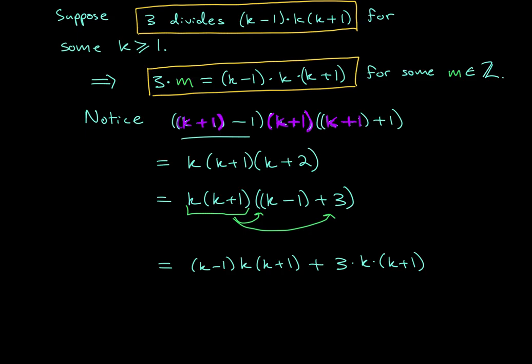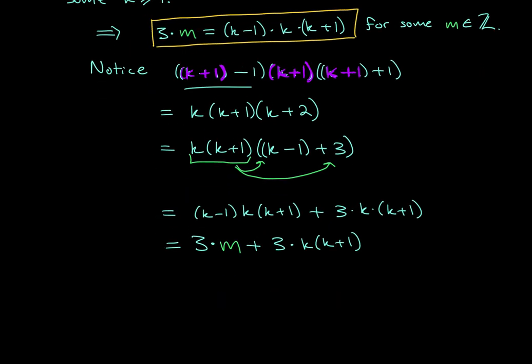But look at how crazy this is. I am assuming that this object is equal to 3 times m for some integer m. In other words, this is equal to 3 times m plus 3 times k times k plus 1. Oh my gosh, look at how beautiful this is.